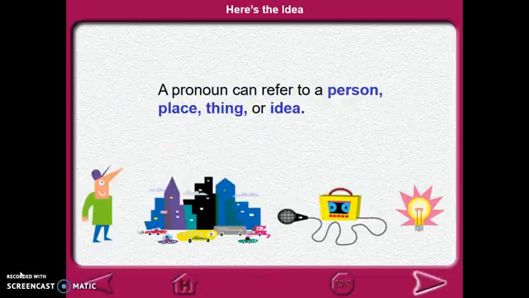So it takes that idea. A pronoun specifically refers to a person, a place, a thing, or an idea, just like a noun does, because that's the definition of a noun. So a pronoun refers to one of those. And you actually see the silly little pictures down here: a person, a place, a thing, and an idea.